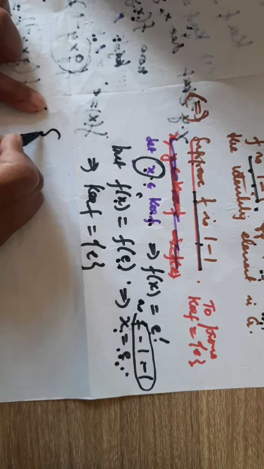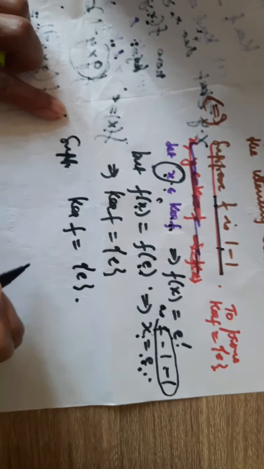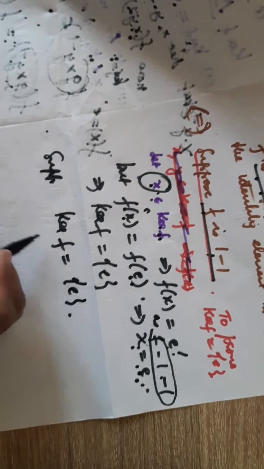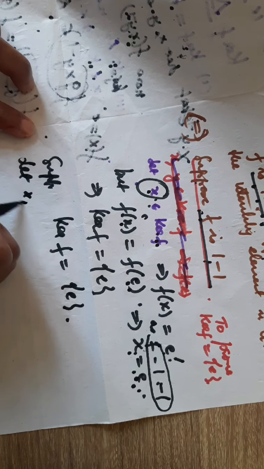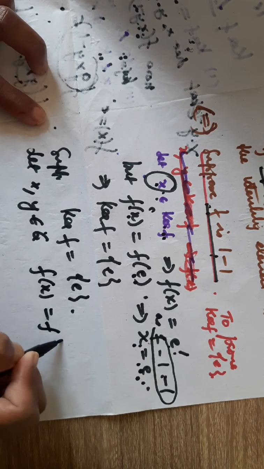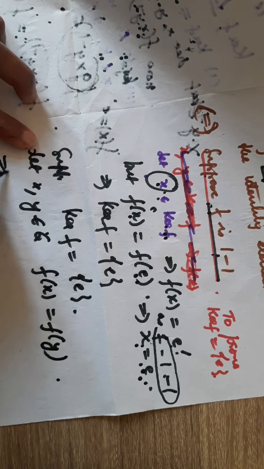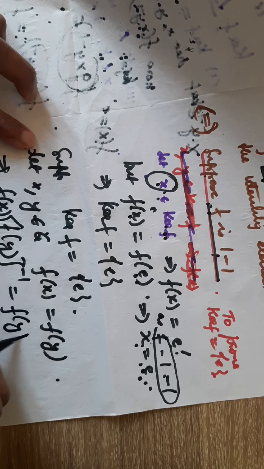And conversely, suppose the kernel of f contains only the identity element e, then in this case I need to show that f is 1-1. So let x and y belong to G be such that f(x) is equal to f(y). So this implies that f(x) into f(y) the whole inverse is equal to f(y) into f(y) the whole inverse.